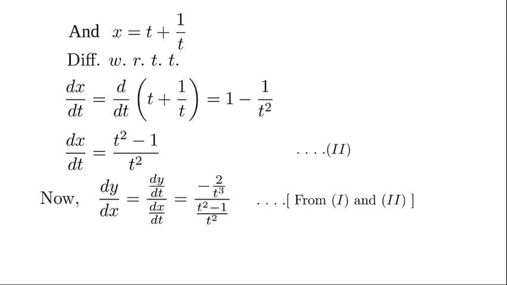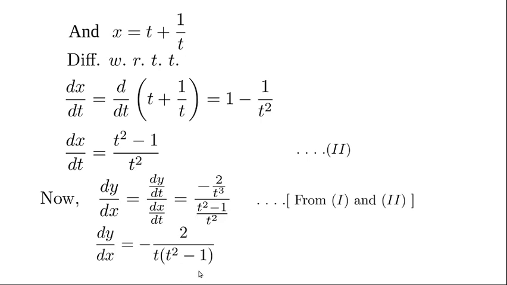These are all the simple derivatives. So dy/dx equal to (dy/dt) upon (dx/dt). That's equal to minus 2 upon t³ divided by (t² minus 1) upon t². So here 1 t² gets cancelled, and that remaining t comes by the side of this denominator term. So we get dy/dx equal to minus 2 upon t into (t² minus 1).